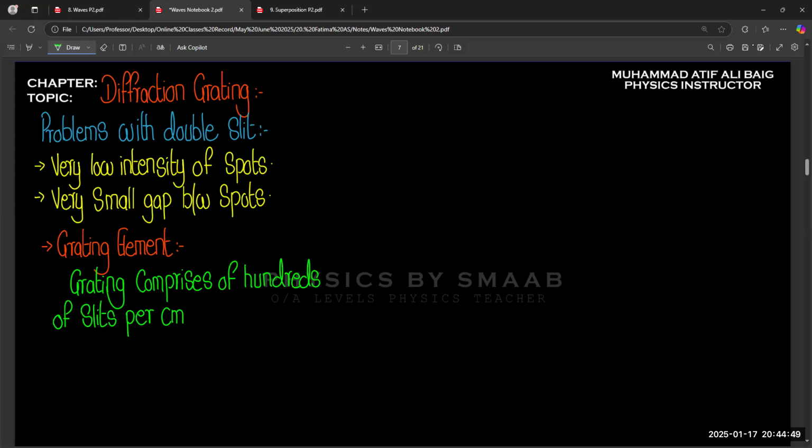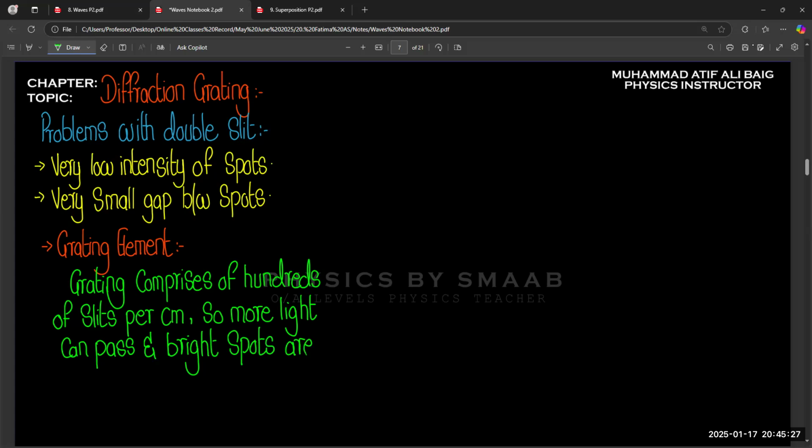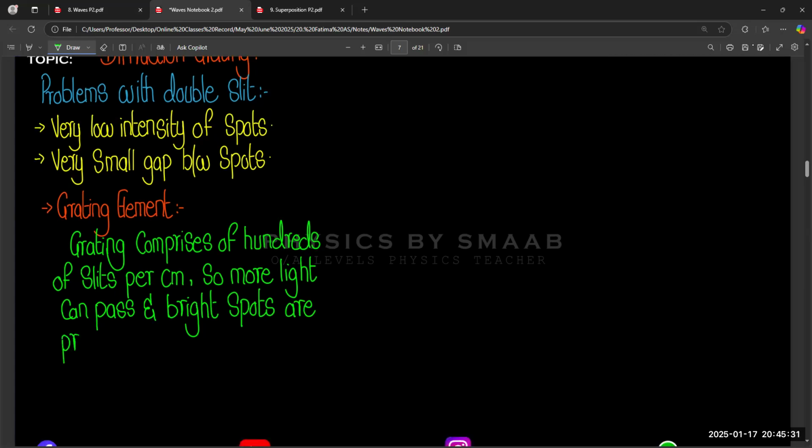We are not able to mark it manually, and it helps to diffract more light rays so that more light can pass and bright spots are produced. So this is the idea of the grating element.